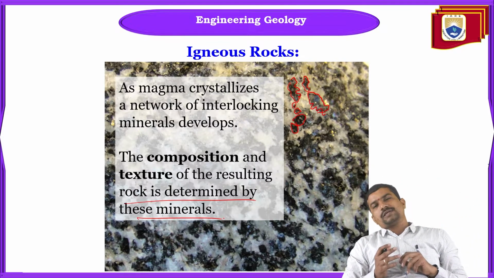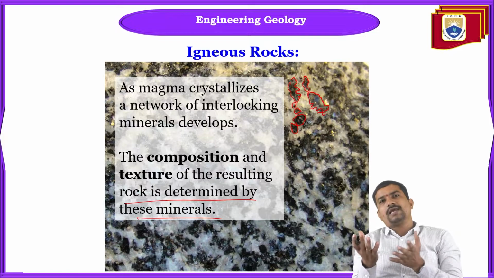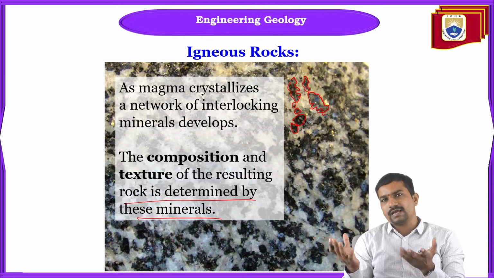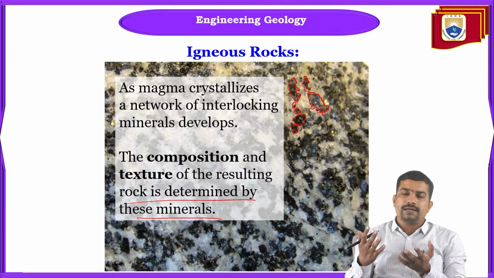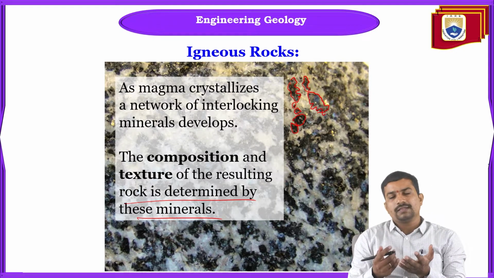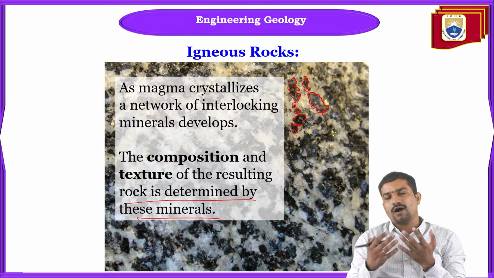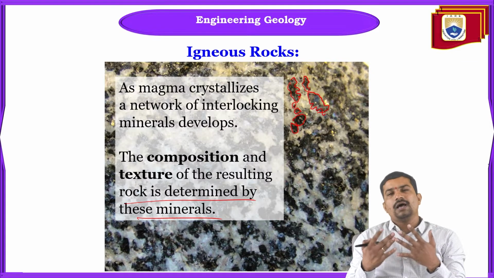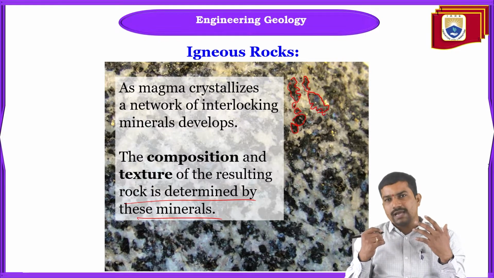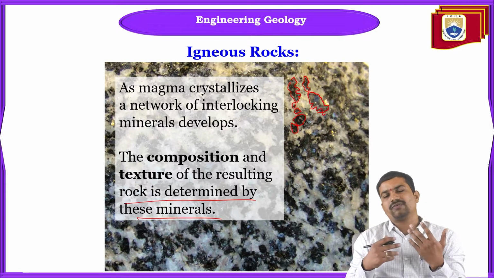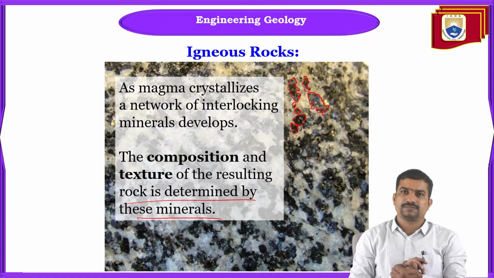Basically, these minerals are silicates, aluminates, etc. These are the materials that make this igneous rock a strongly bonded material, and we take advantage of it and use it for various applications.